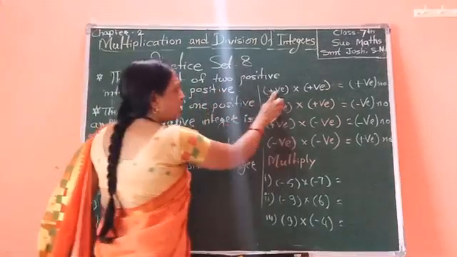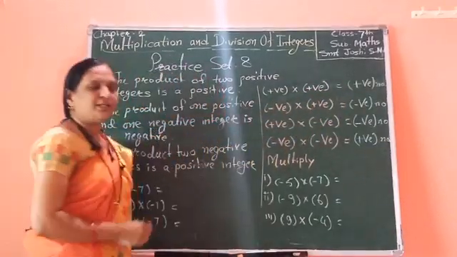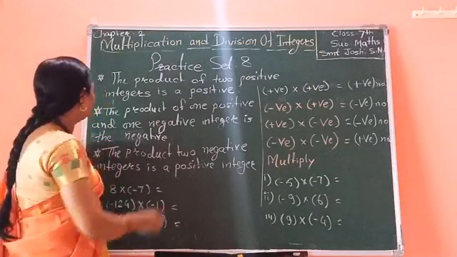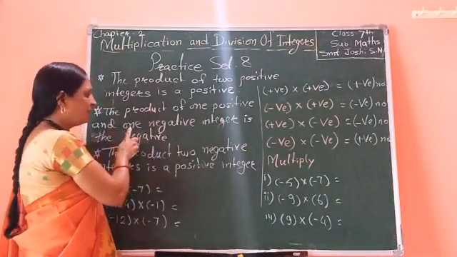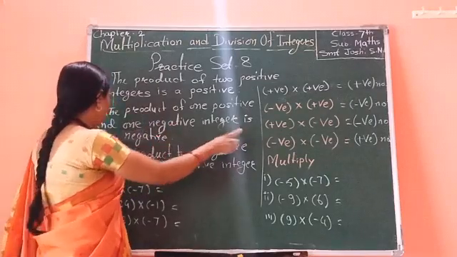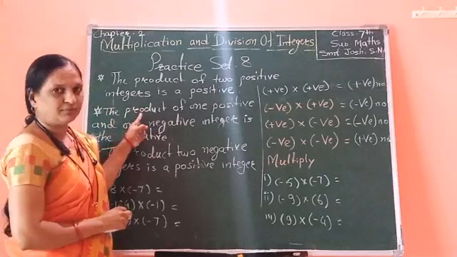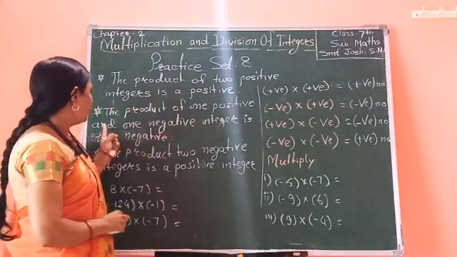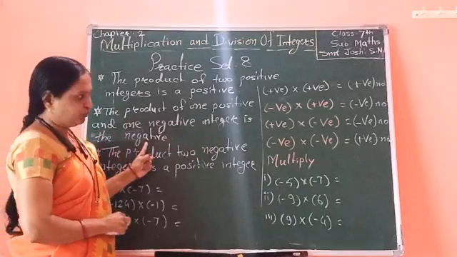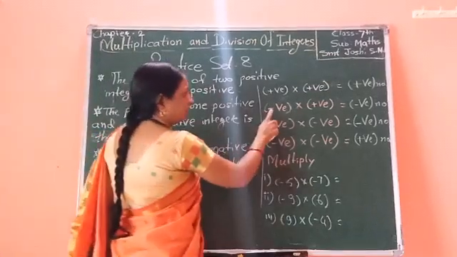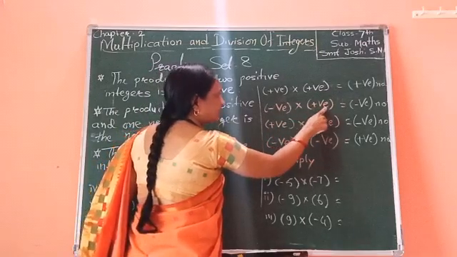Means positive number into positive number equal to product is also a positive number. Next, the product of one positive and one negative integer is negative. One number is negative and one number is positive.